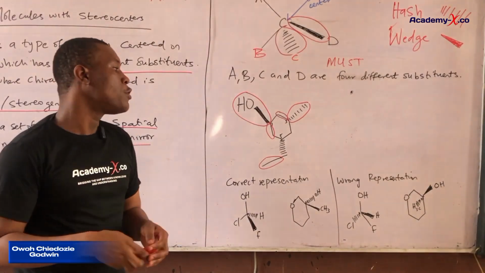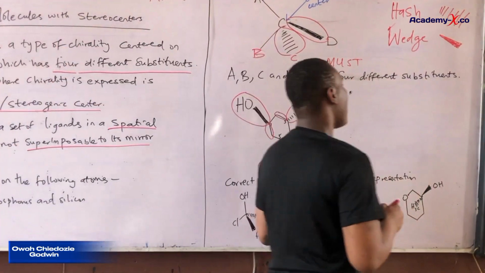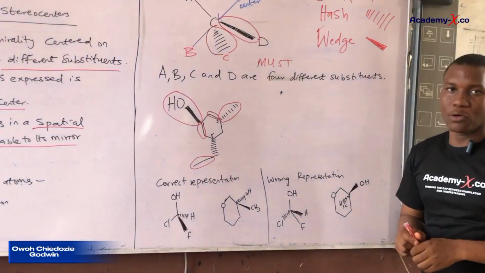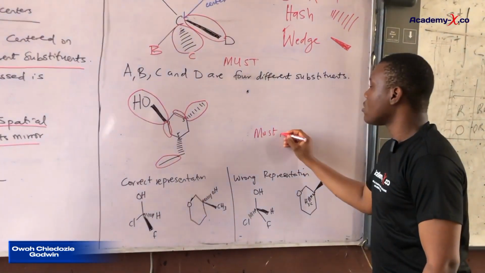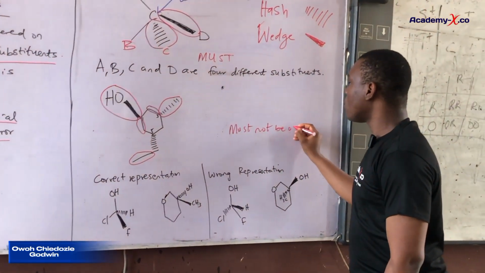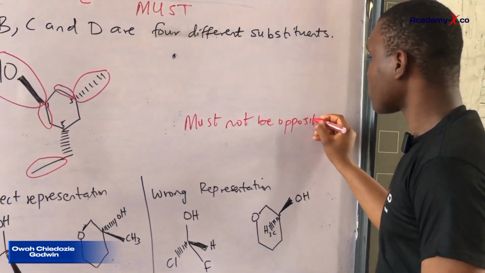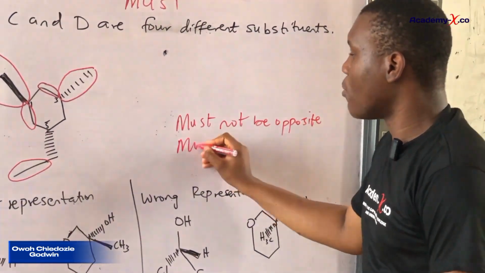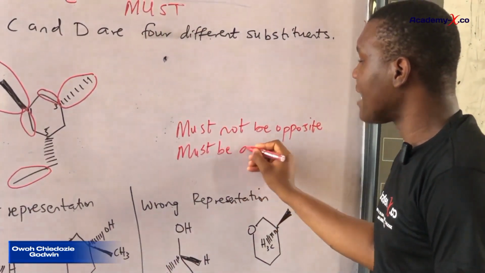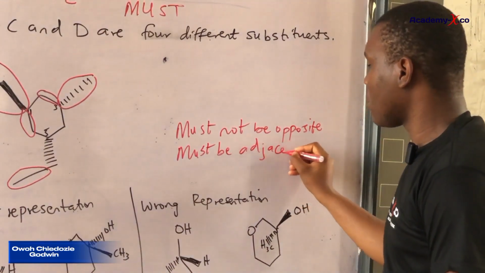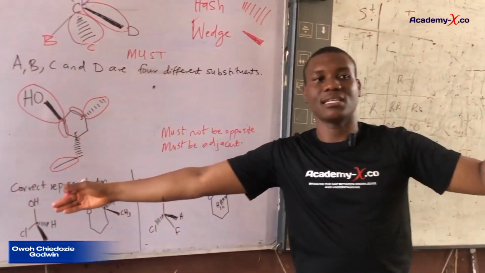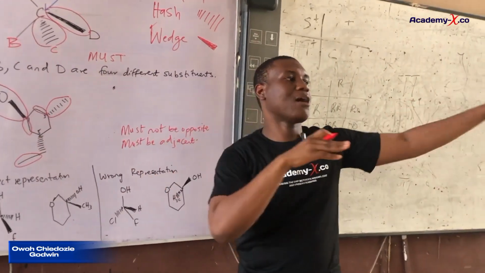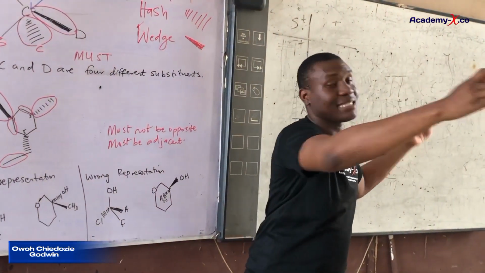There's a rule you must follow: when you have hash and wedge bonds, they must not be opposite. They must be adjacent. Opposite means something is here and the other one is there, while adjacent means they are on the same place but they are separate.